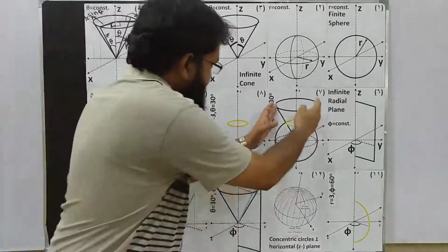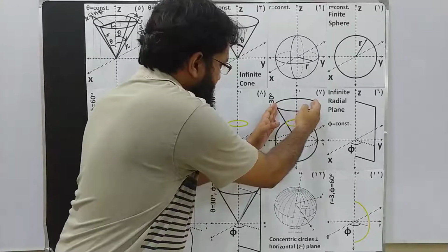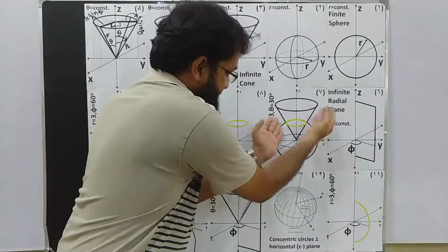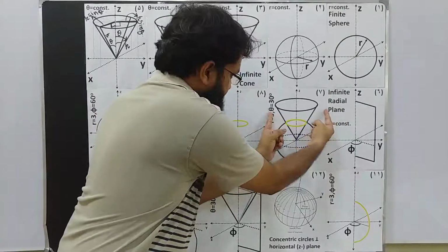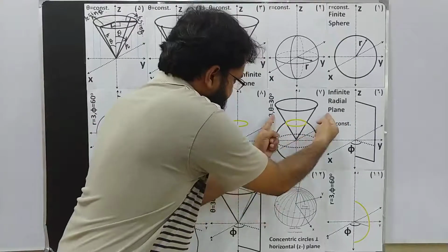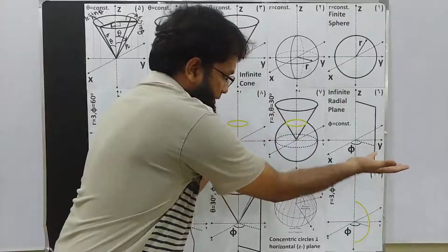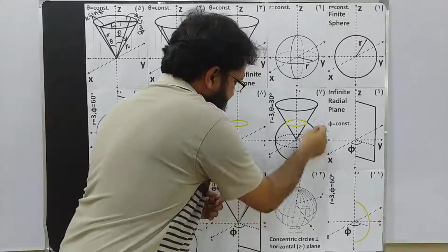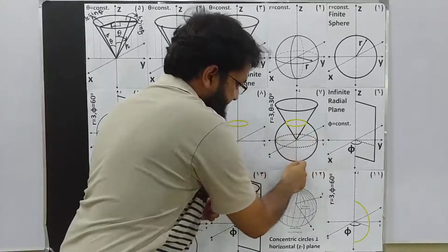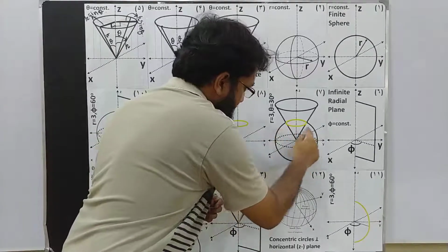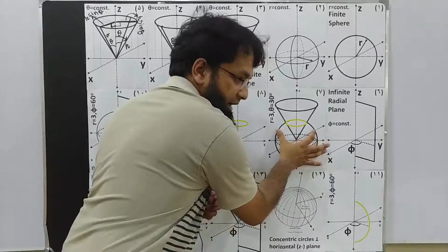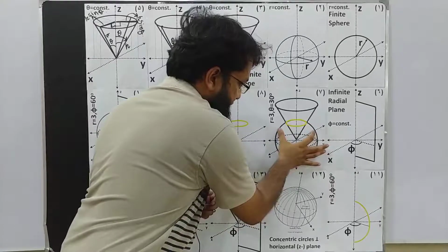If I take another cone, theta equals, let's say, 60, I'll get another cone, but that cone will be wider. That cone will intersect this same sphere at some wider angle, so we'll have a wider yellow band or yellow circle.